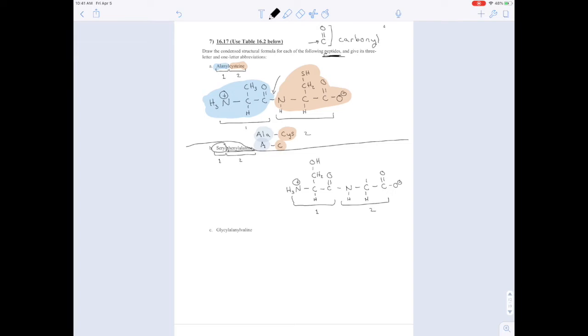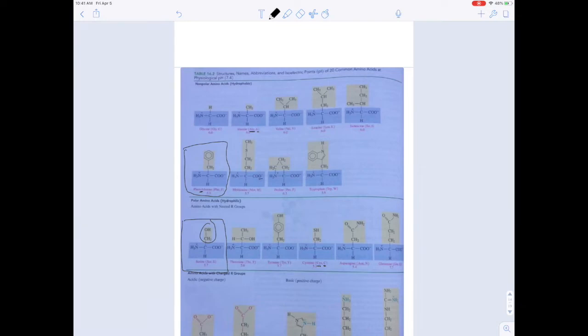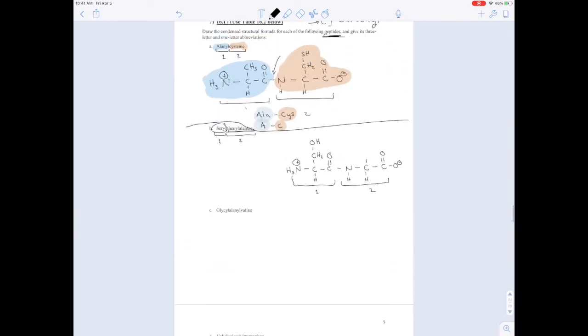For phenylalanine, the R group here is a CH2 and a benzene ring. So CH2 and a benzene ring. So that's a 6-membered ring with a circle inside. And there you have it, the condensed structural formula for seryl phenylalanine.